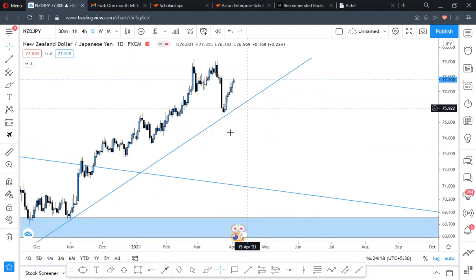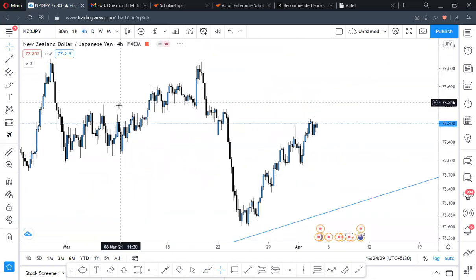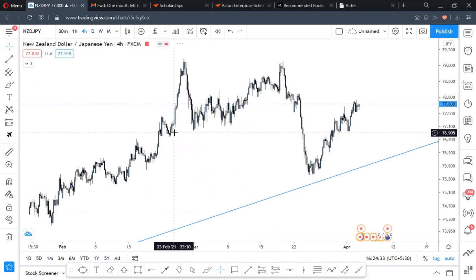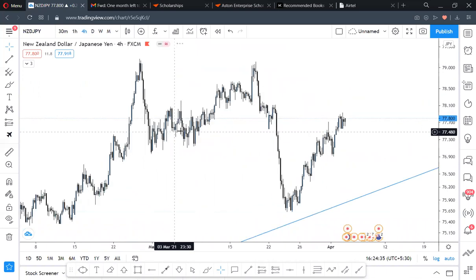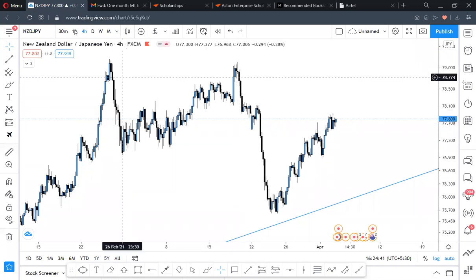Yes, on the daily, something very interesting happened. If we scale down to the lower time frame, we'll come back to the daily, but let me show you something on the smaller time frame. We saw this was a corrective move and an impulsive move.